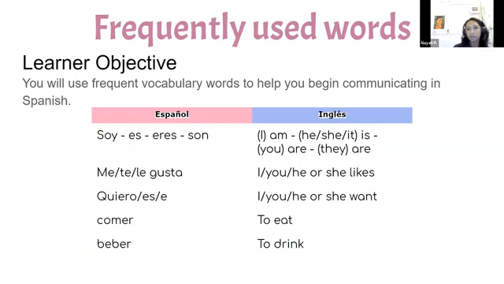And these are the frequently used words. The ones that we're going to emphasize the most are in here and here: es, eres and soy. We might also be using this.